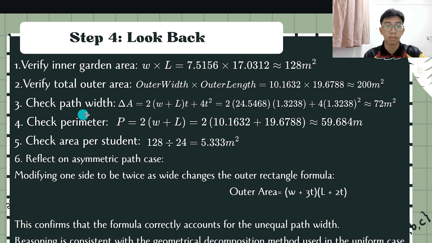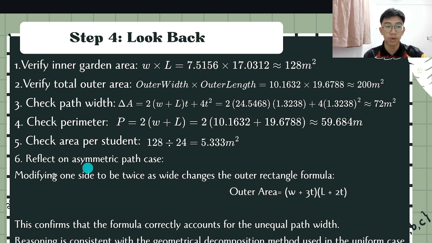And check the path width, we substitute into the change in A equation just now, and we got 72 meters square, which is the area of the path. Then we check the perimeter, we got 59.684 meters.